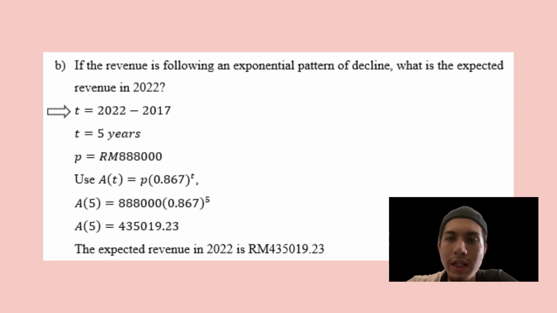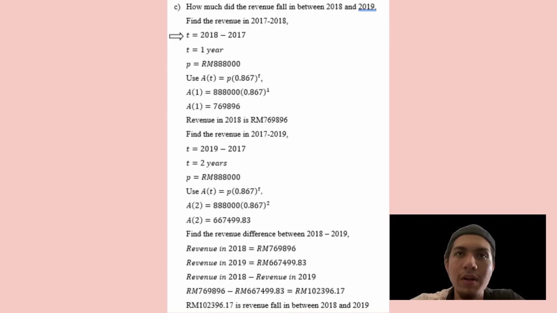So use the formula A(t) = P(0.867)^t, and the formula should be A(5) = 888,000(0.867)^5, and the expected revenue in 2022 is 435,019.23 ringgit.